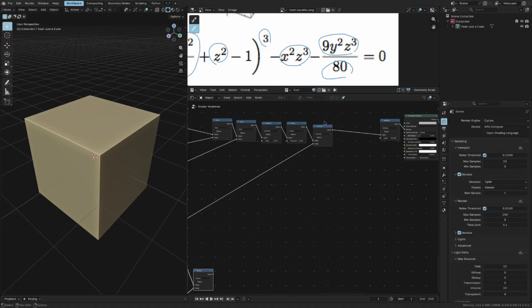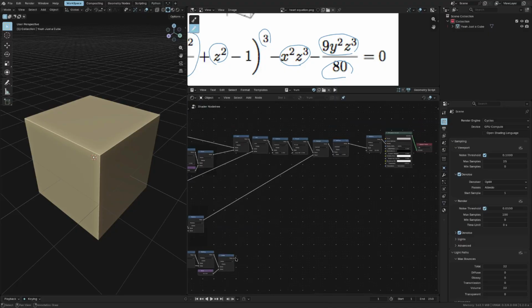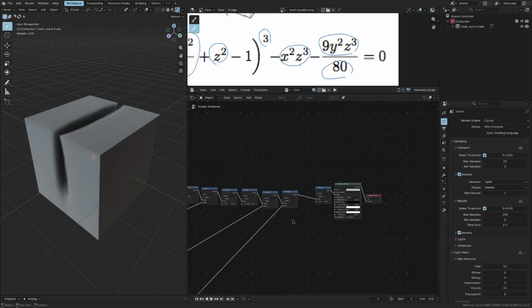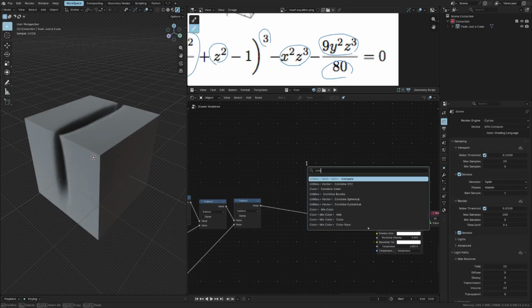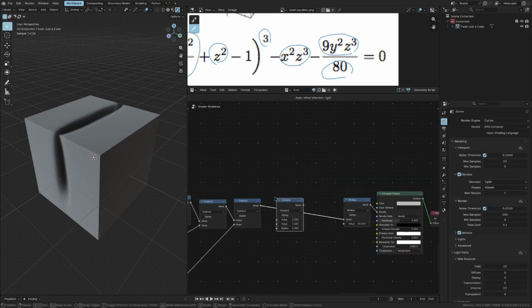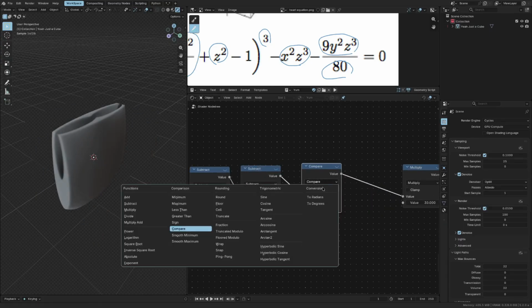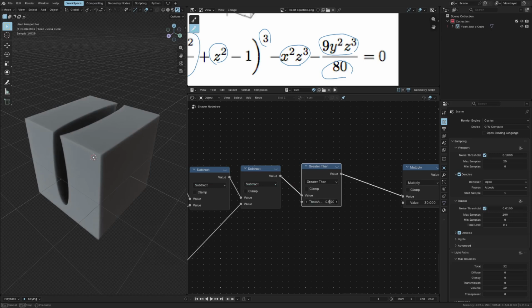Okay, and we're going to subtract that. This here, equal compare, I think. Compare, not compare actually, like greater than, set it to 0.